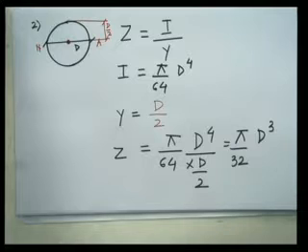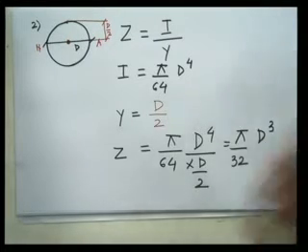Y will be nothing but d by 2. So your section modulus will be pi by 32 into d to the power 4 minus small d to the power 4, divided by d. Try to calculate at home, you will be able to easily calculate.